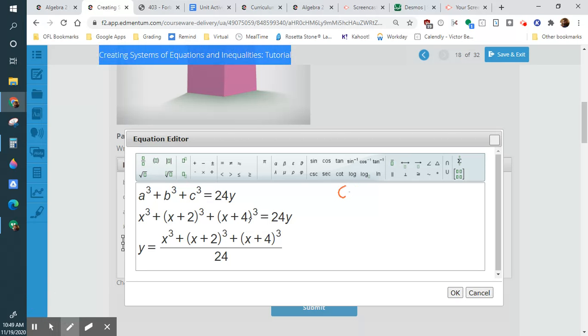So C equals B plus 2, and B is equal to A plus 2. But then we're going to add a 2, so that means we get A plus 4. But since I'm calling A X, it's X plus 4. So it's an equation within an equation.